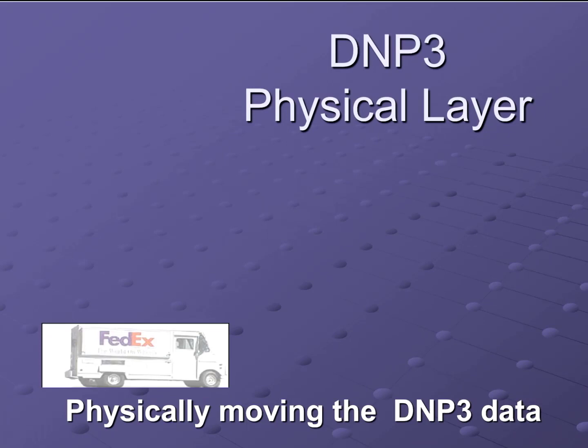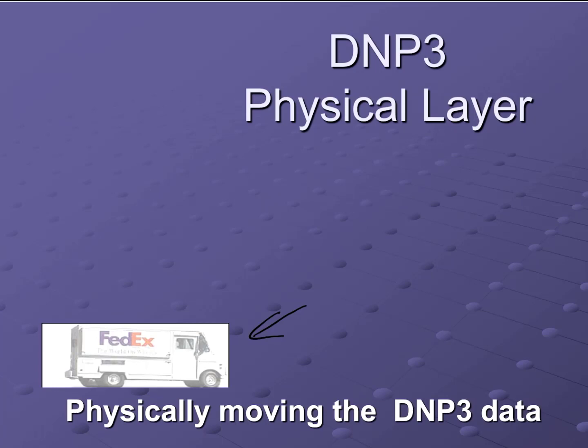So when it comes to DNP, of course we have the physical layer that every protocol is going to share. Oh yeah, and by the way, you guys may be wondering, what's this FedEx truck doing in these analogies?